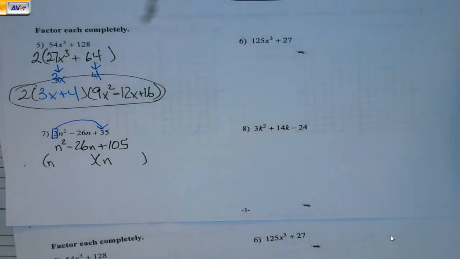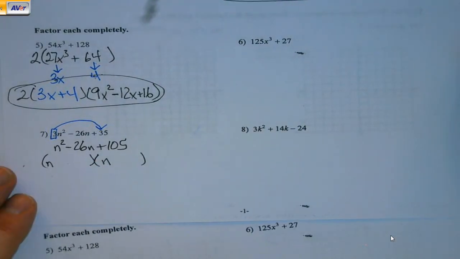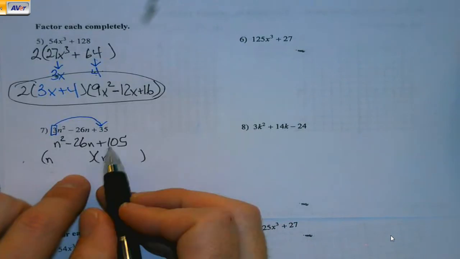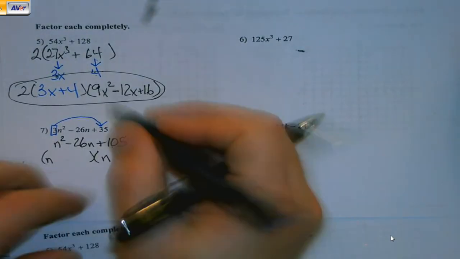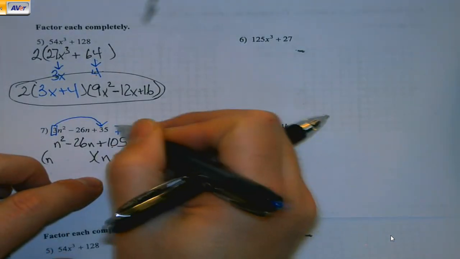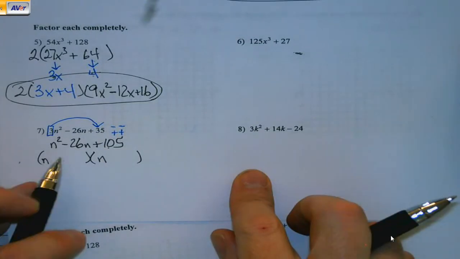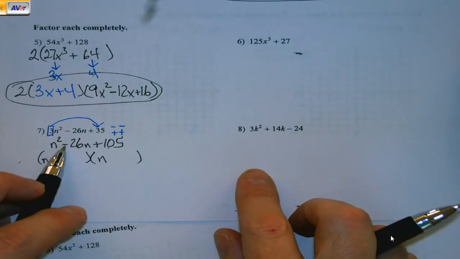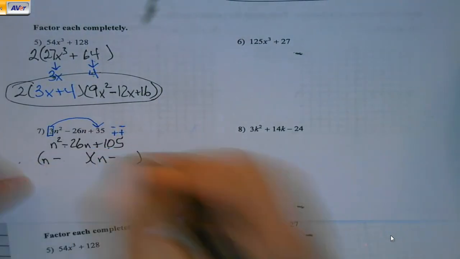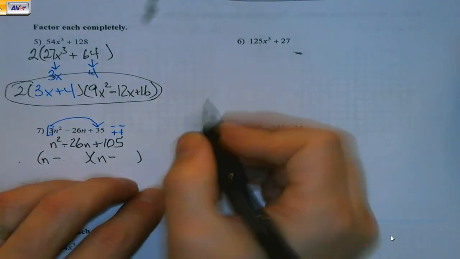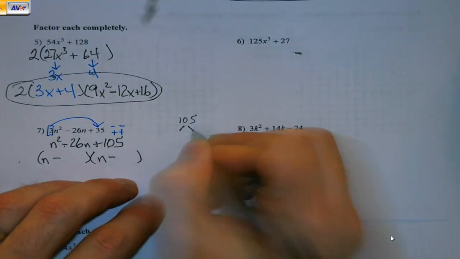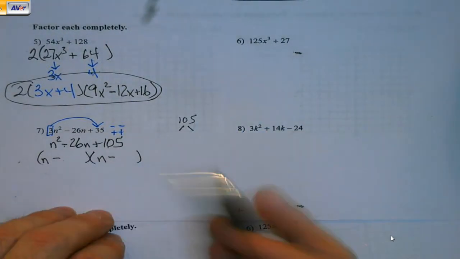So I look to see where my clues are at. I'm like, okay, my multiply number is positive. Means my signs are going to be the same. My middle term will tell me what the sign is. So minus, minus. So here's what that tells me. I need two numbers that multiply to 105 that are going to add up to 26.